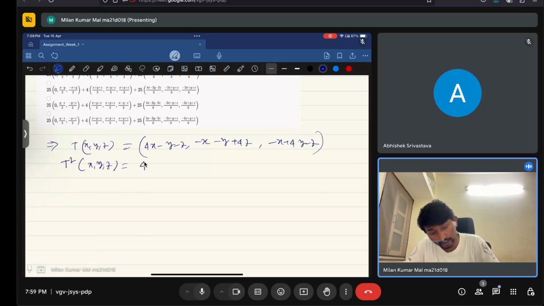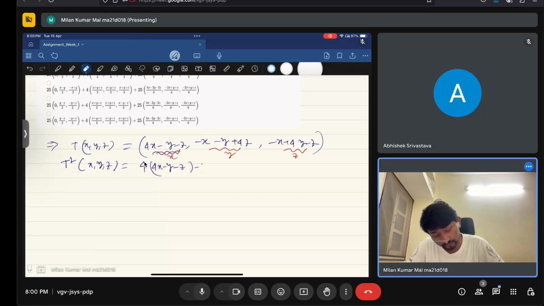4 into, this is now our new x, this is now our new y, this is now our new z. So 4 into x is 4x minus y minus z, minus y is this one, y is minus x minus y plus 4z, and z is minus of minus x plus 4y minus z.